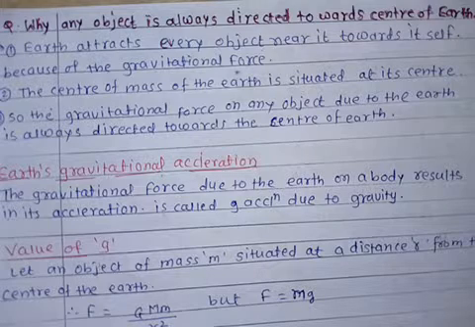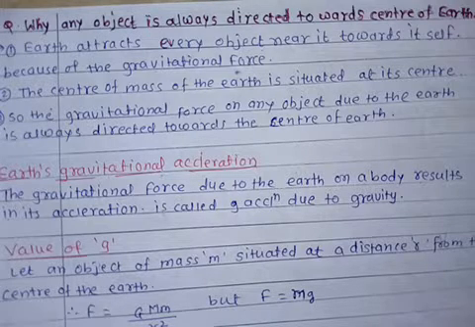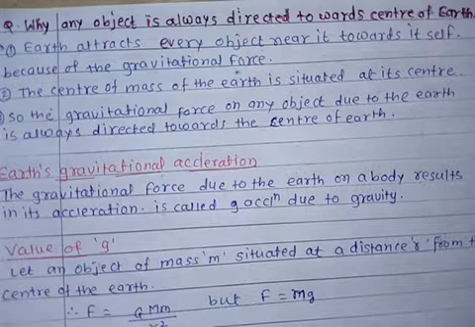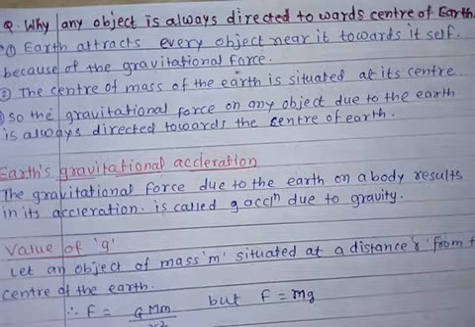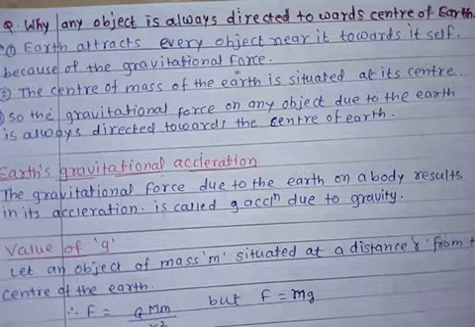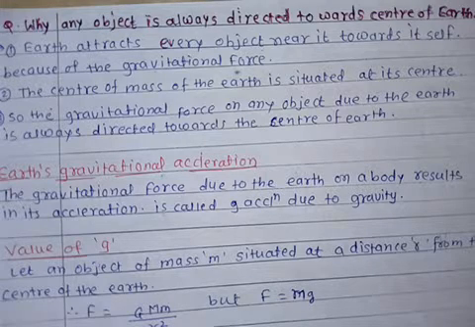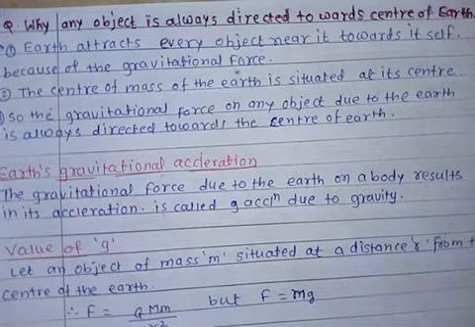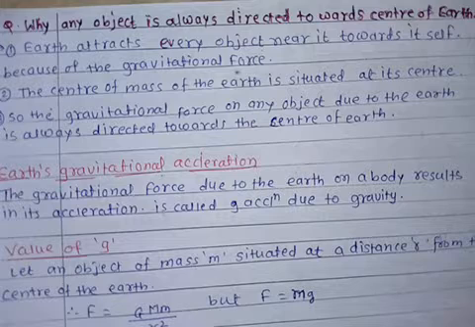What is acceleration? Acceleration means the change in velocity. Change in velocity is called acceleration. But here the change in velocity is due to the gravitational force, that is the gravitational acceleration. Suppose we throw any ball or stone above the earth.